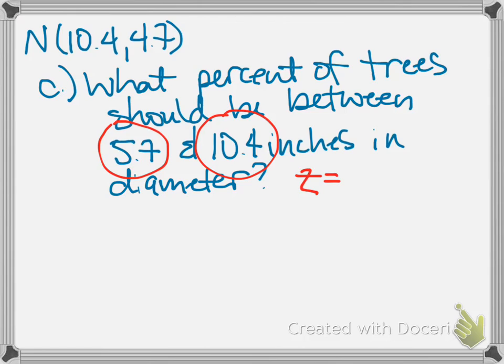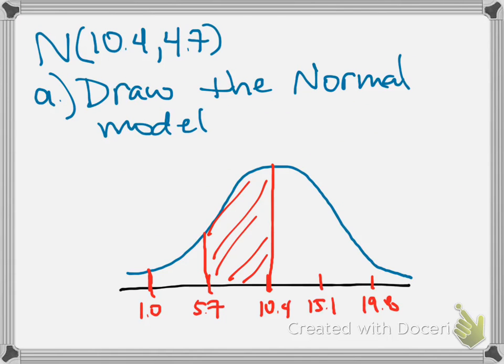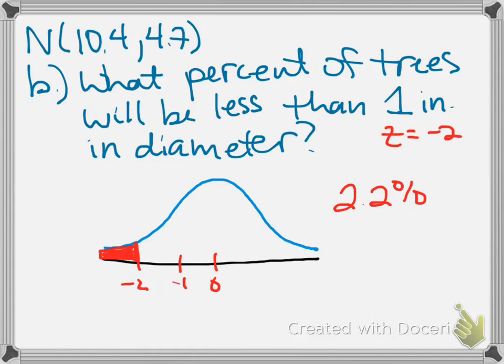So our first value that we're interested in is 5.7. So 5.7 minus our mean of 10.4, divided by our standard deviation of 4.7, gives us a z-value of negative 1, which shouldn't be too shocking since we saw earlier that 5.7 corresponded to being one standard deviation below the mean.